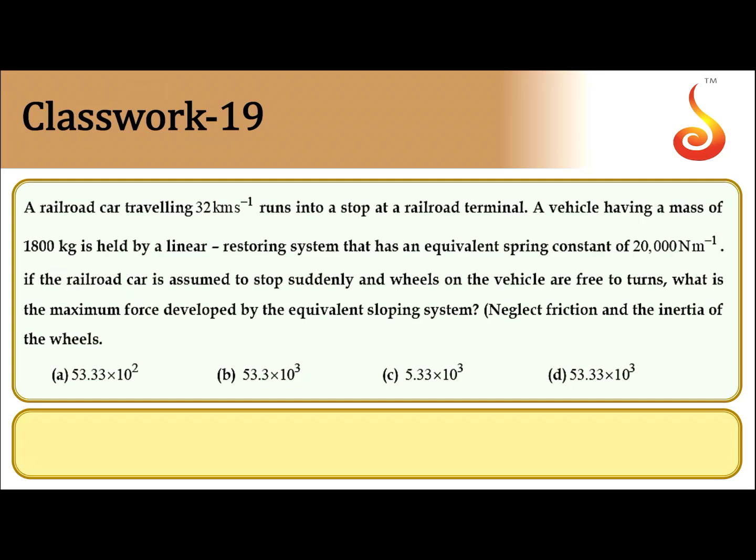Okay. So what he is indirectly saying is that force has to be calculated, right? The maximum force has to be calculated. To calculate the force, the spring constant being known, I need to find out the maximum compression that is possible.